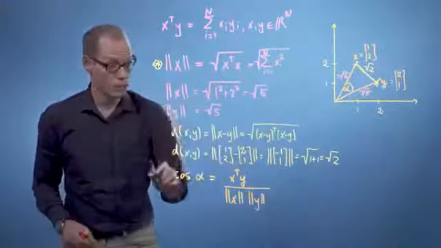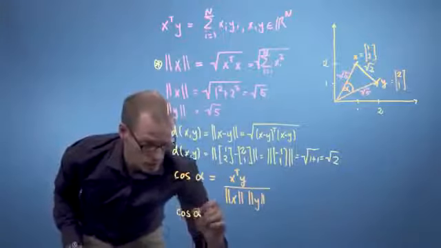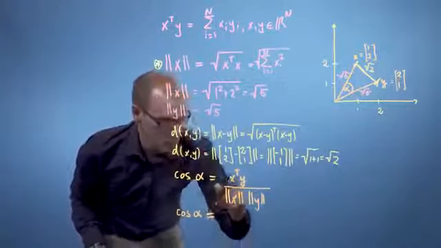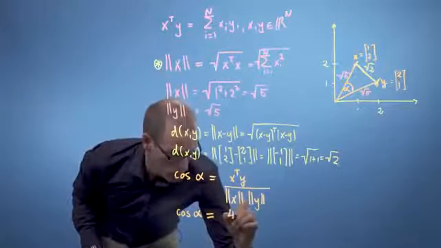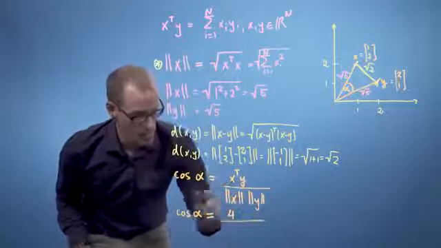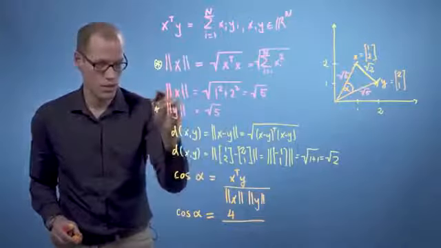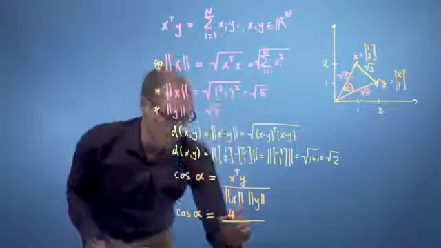In our example, the cosine of the angle between x and y is x transpose y, which is 4, divided by the length of x times the length of y. But we've done these computations already: it's square root 5 in any case.